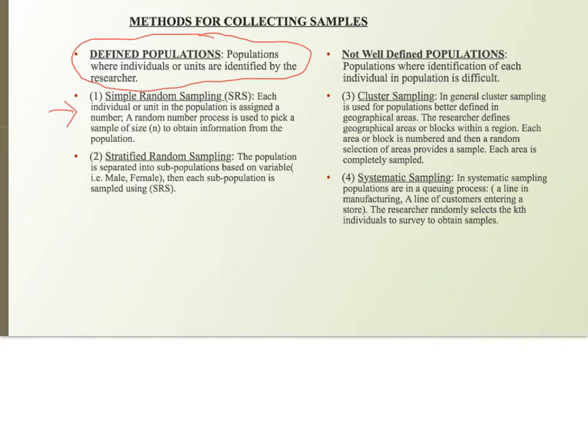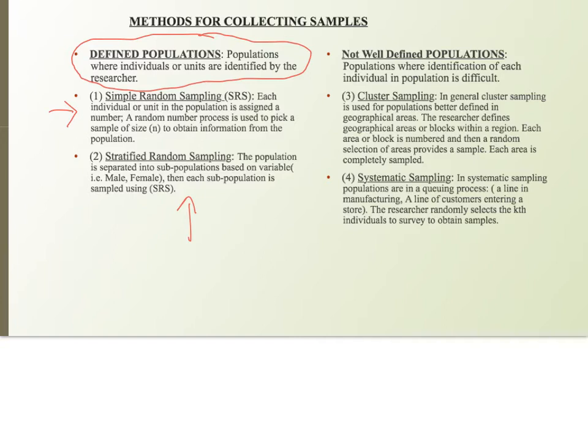In a stratified random sampling, the population is separated into subpopulations based on a variable, like male or female, and then each subpopulation is sampled using the simple random sampling process we discussed above.